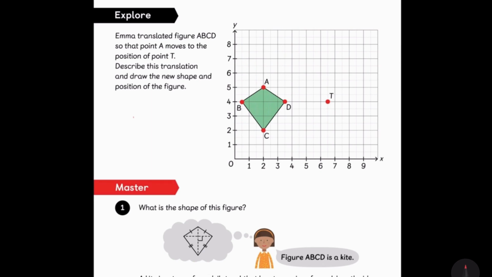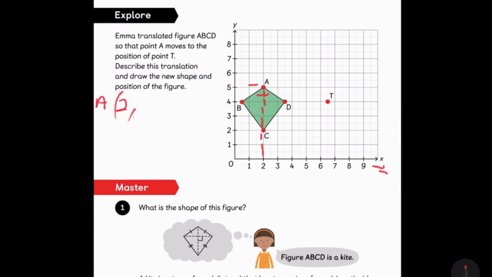Fair enough. Let's count first with the A. What is the position? When I draw the imaginary line, my figure A is 2. You know the key that the x-axis is always what we begin with. Therefore, I began with the x-axis. Then I will go to the y-axis, which is 2, 5. Okay, but it translated, it moved. The way it has been, that is how it has moved.